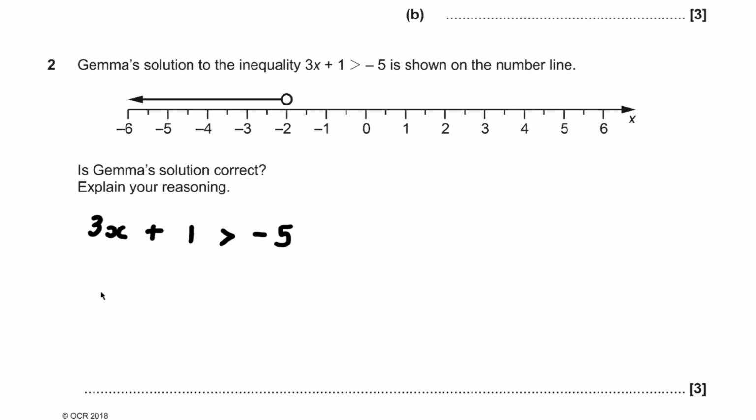If I subtract 1 from both sides, we end up with 3x being greater than negative 6. And if I divide both sides by 3, you will find x to be greater than negative 2. Her number line shows that x is less than negative 2. So is she correct?